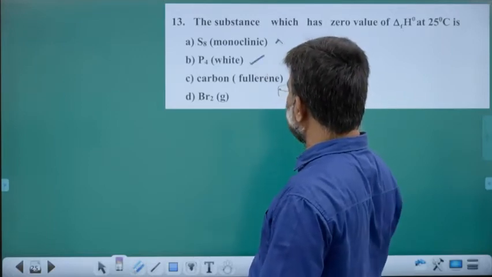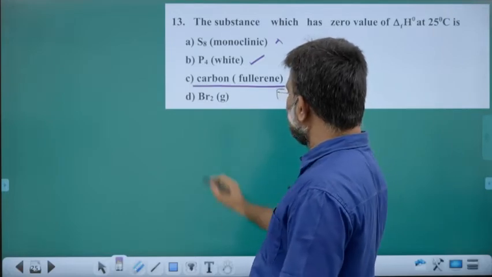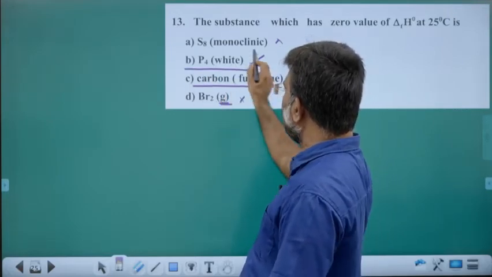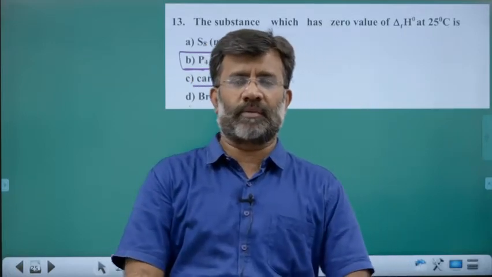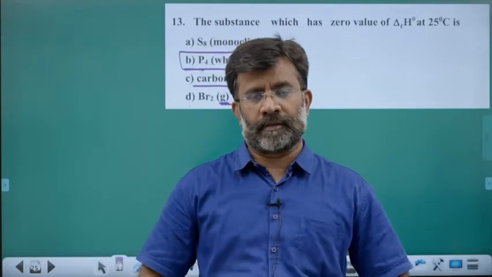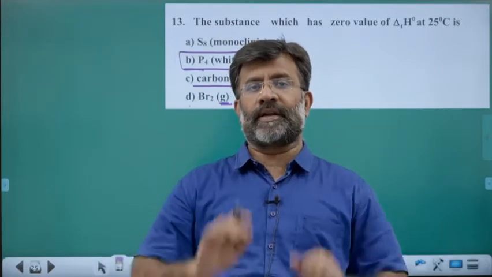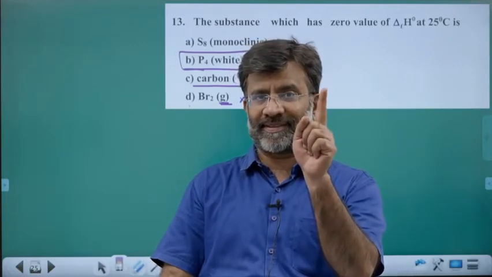White phosphorus is in the standard state. Carbon, graphite is in the standard state. Bromine, liquid bromine is in the standard state. So the answer is option B, white phosphorus. That is the thermodynamically stable standard state taken, not the usual stability of phosphorus.